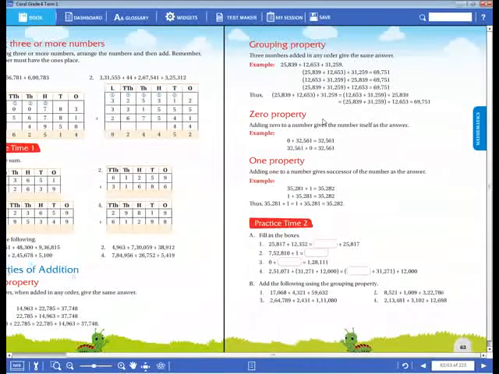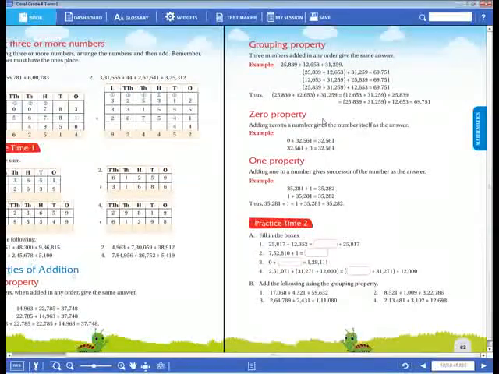Okay, dear children, now write down the example: 0 plus 34 is equal to 34, and 34 plus 0 is also 34 only. Have you written in your notebook, dear children?